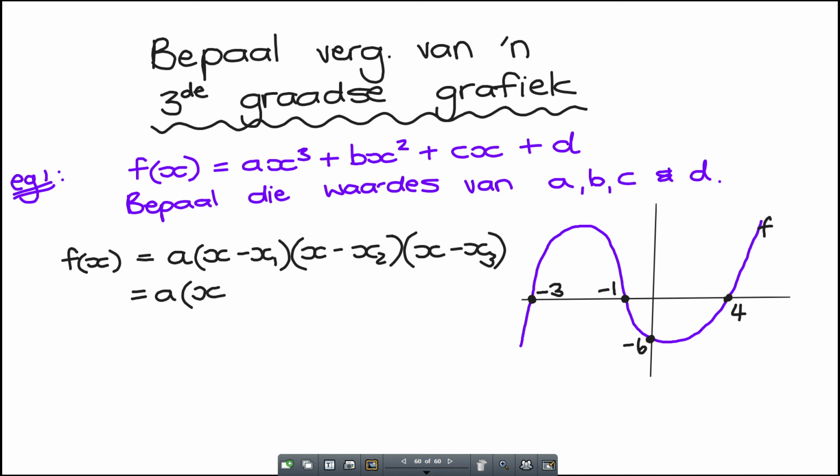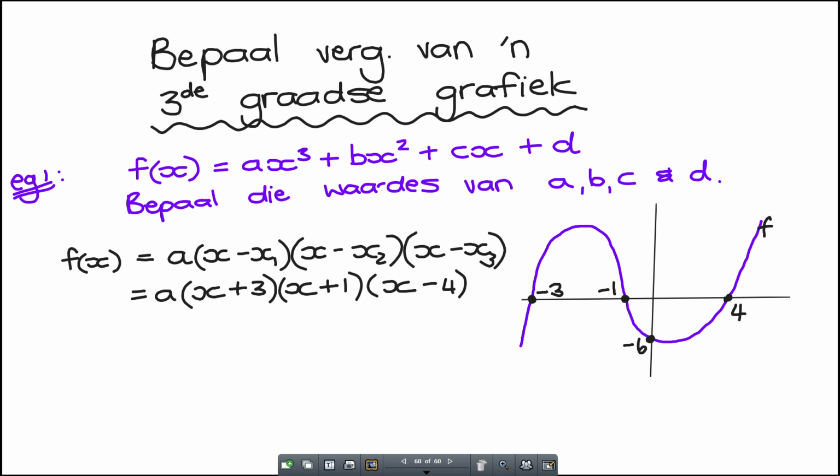Everyone look up. Look at what x is here, minus 3, nee. So wat gaan my hakie wees? Plus 3. Ag, julle is oulik. Tweede hakie, x, what's my x here? Minus 1, so it would be plus 1. En my laaste hakie, x, was daar positief 4, so it would be minus 4. And that's your first mark.